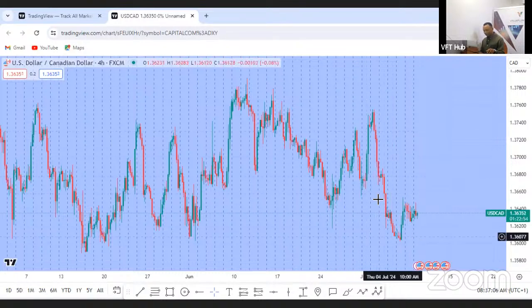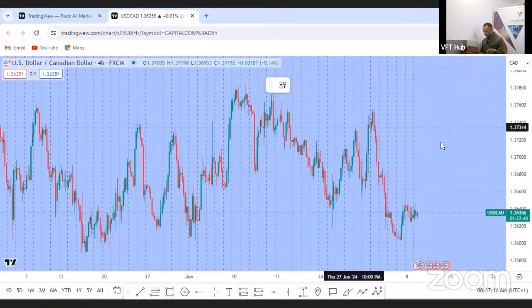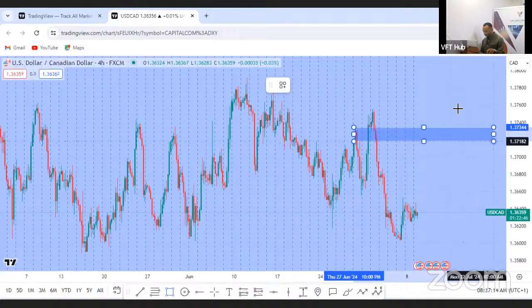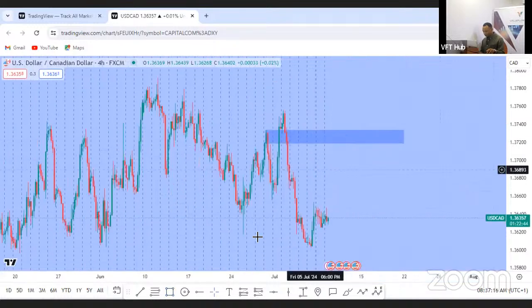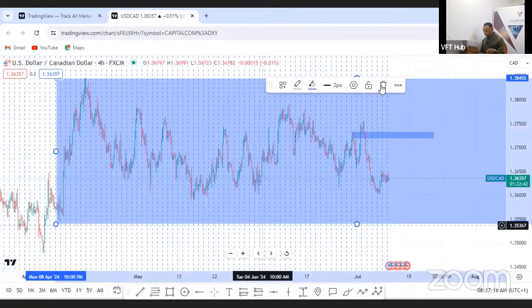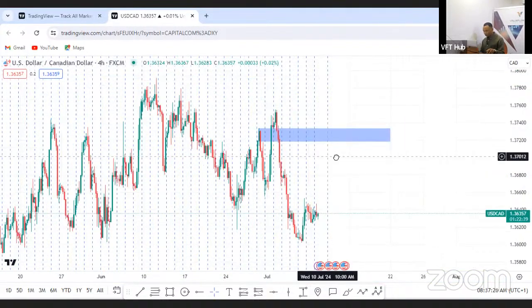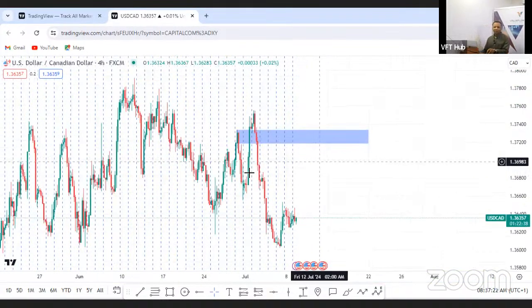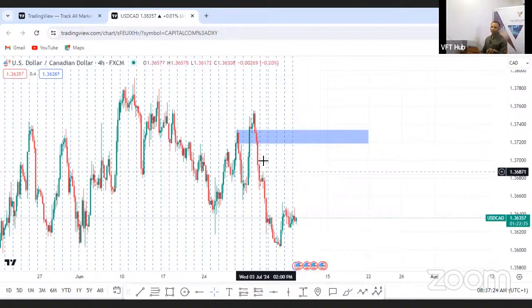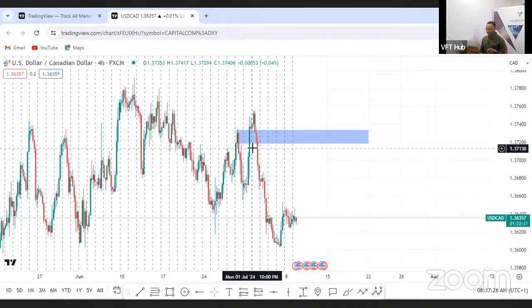Knowing the box pattern, I can almost assure you that we might see USD CAD return back to this place again. So what I would advise is to take quick scalps of dollar-related currencies during this period. Whatever you see, you grab it and run away with it because the dollar is not clear on sentiment.